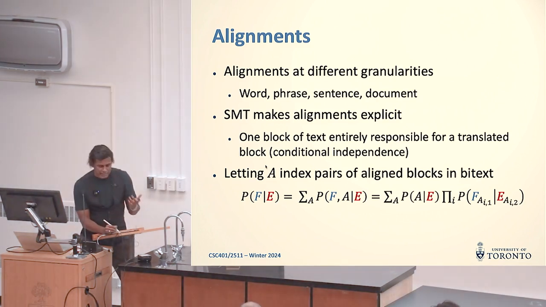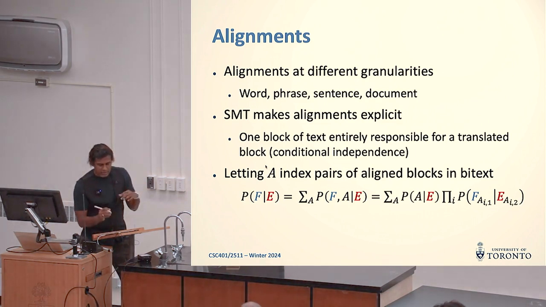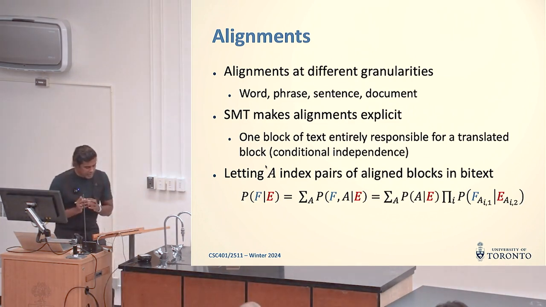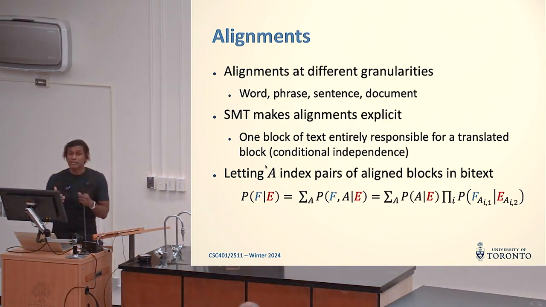Usually it's given by index. So the first is some French word, sentence, or whatever the granularity is. You have the French indexes, and then you have the corresponding English or target language indices.